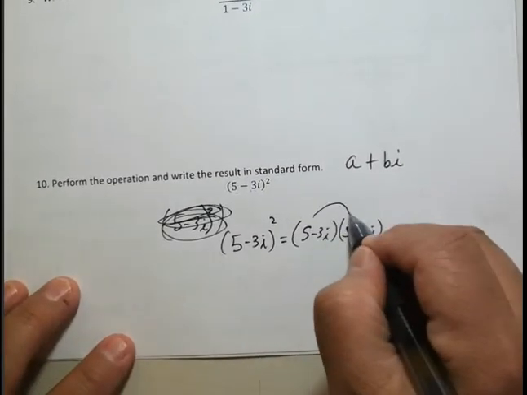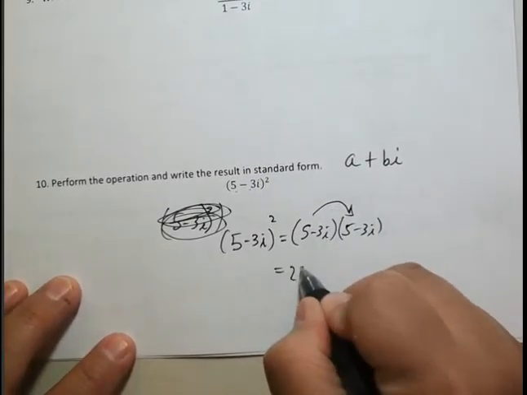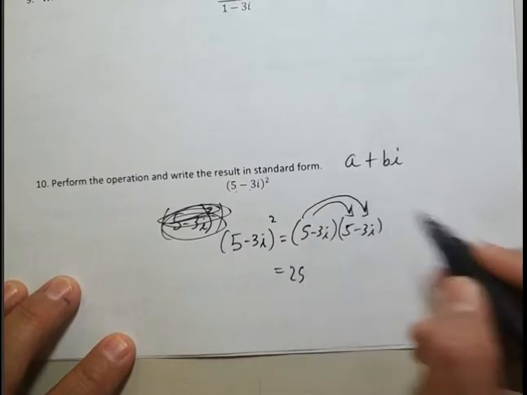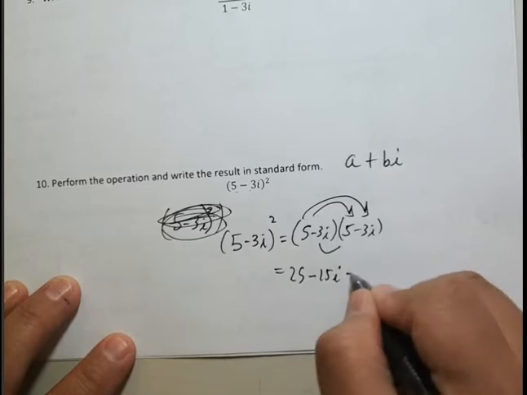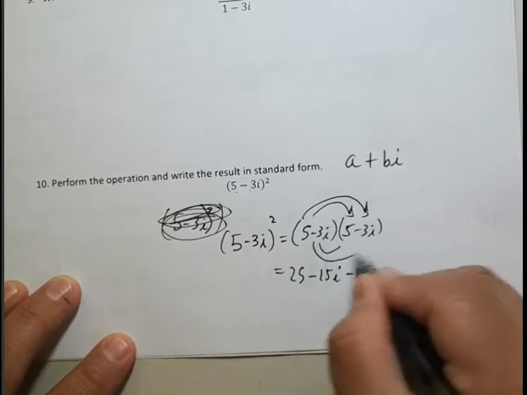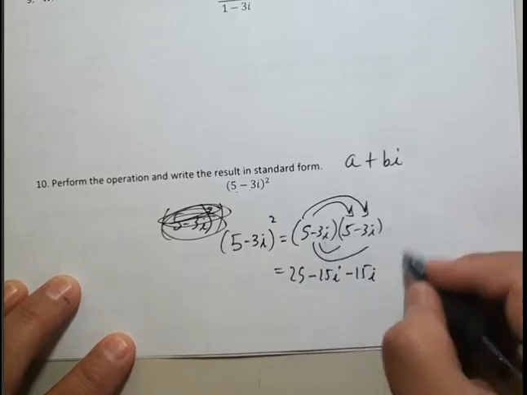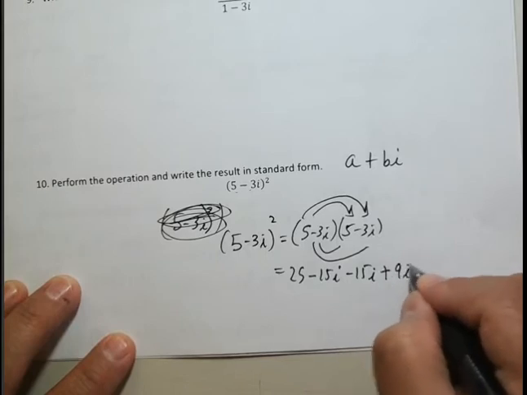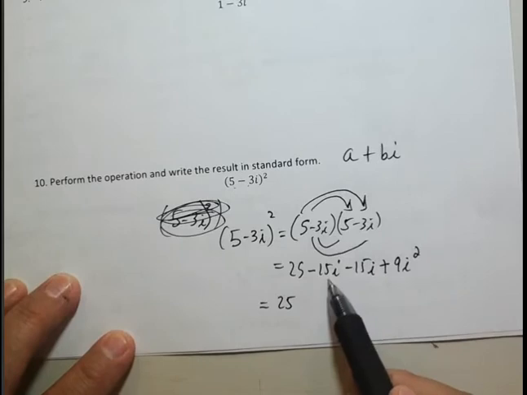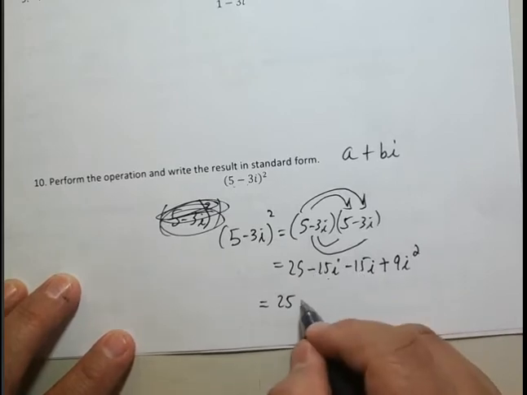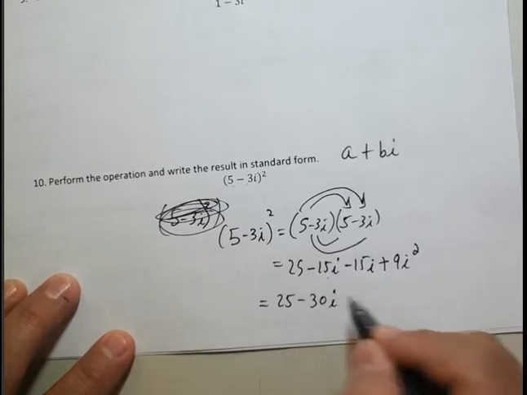So we're going to multiply 5 times 5, 25, 5 times negative 3i, negative 15i, minus 15i. Negative 3i times negative 3i is positive 9i squared. Negative 15i minus 15i is negative 30i.